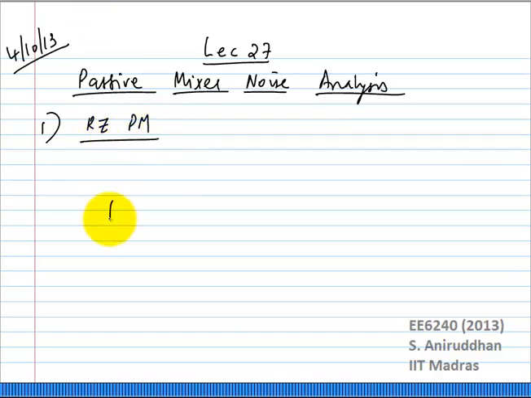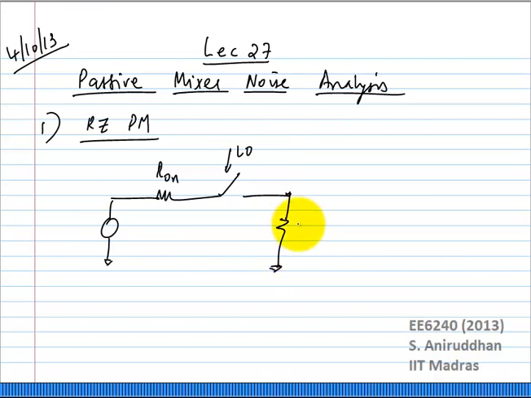Okay. Maybe this is some R on. This is RL. This is the simple model of your return to zero mixer, and you are really interested in the output noise at the VO node.